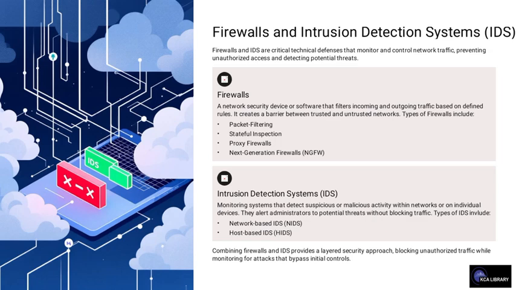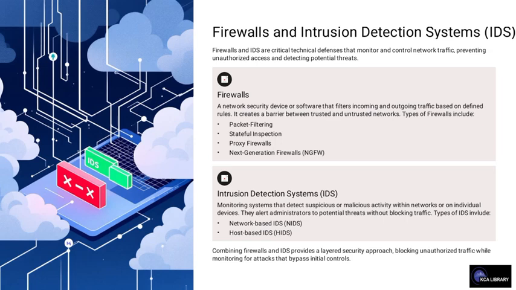And when we talk about firewalls, a firewall is a network security device or software that filters incoming and outgoing traffic based on defined rules. And it creates a barrier between trusted and untrusted networks. And the types of firewalls include packet filtering, stateful inspection, proxy firewalls, and next generation firewalls.